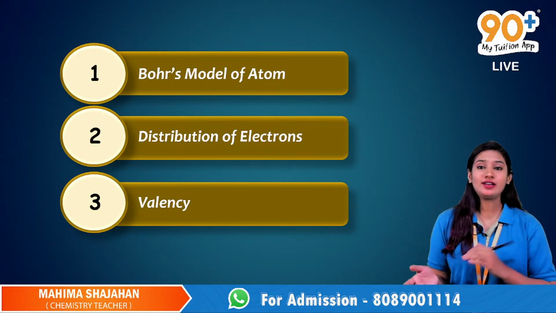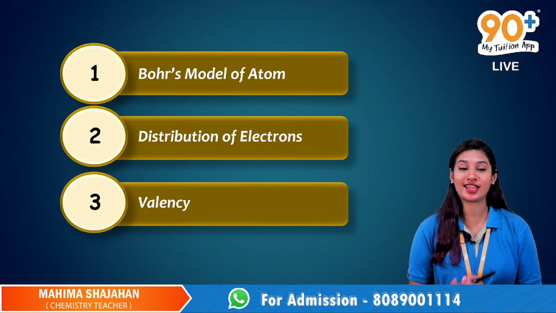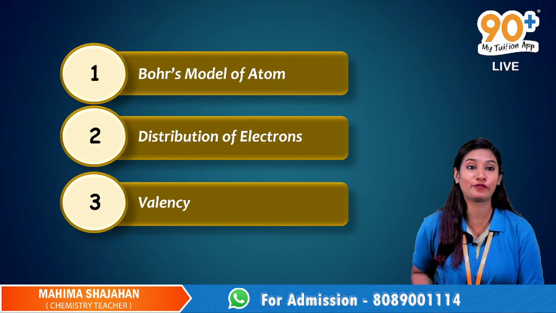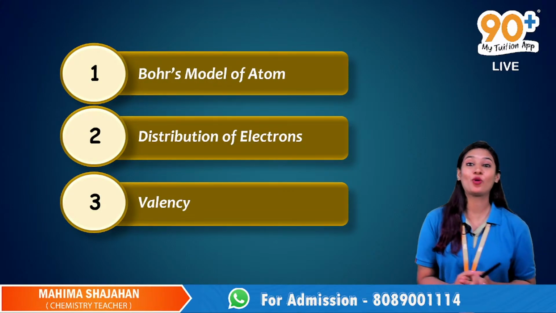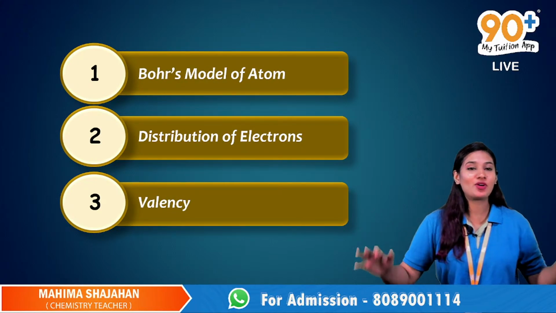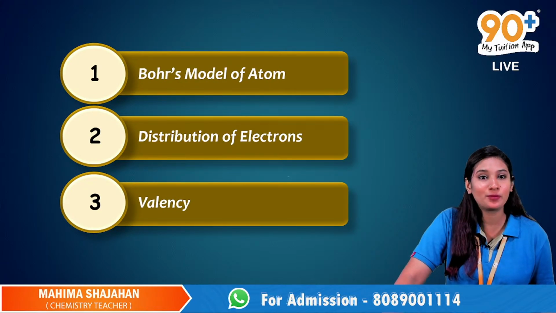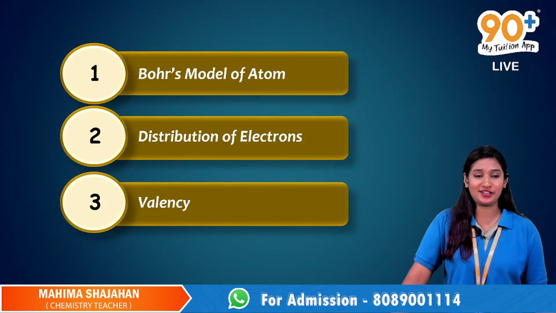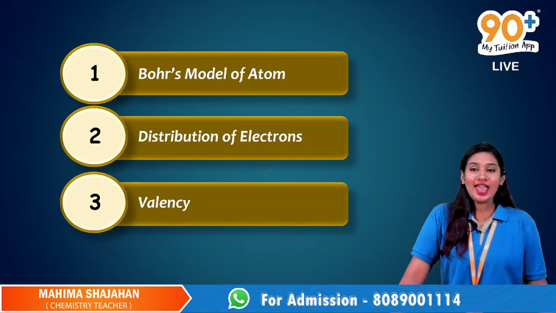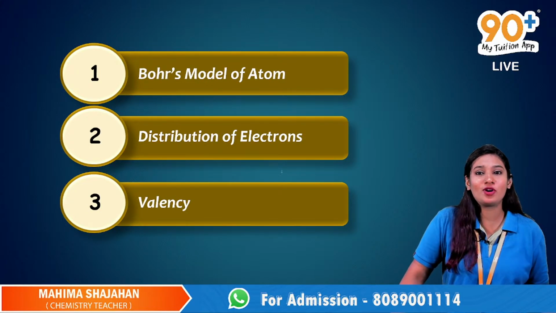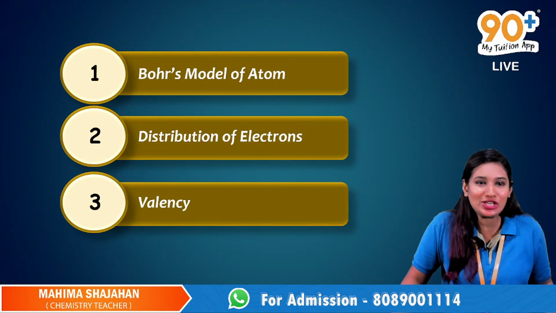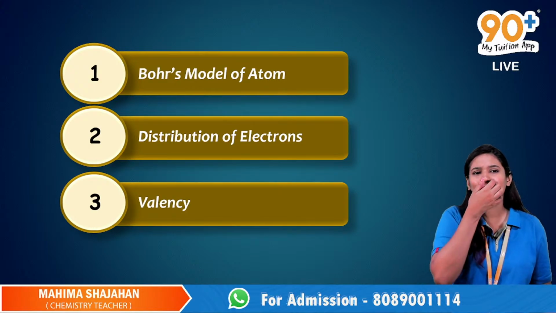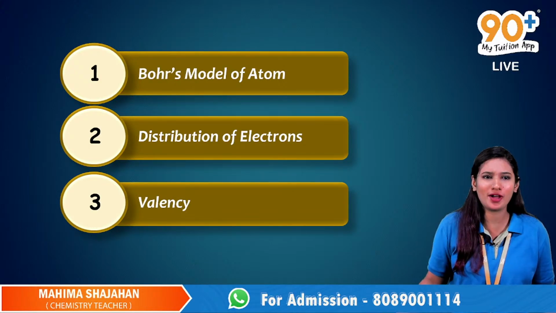Then there came a second scientist, and his name was Rutherford, and he put forward the nuclear model of an atom. Yes, very good. Now, in Rutherford's model, there were some limitations, right? Do you remember?